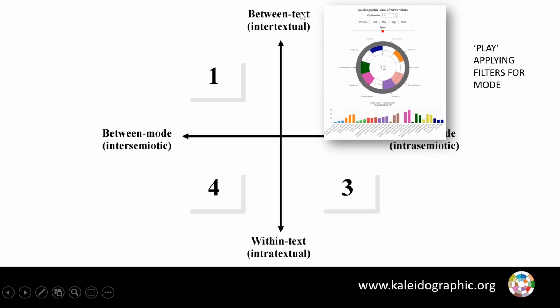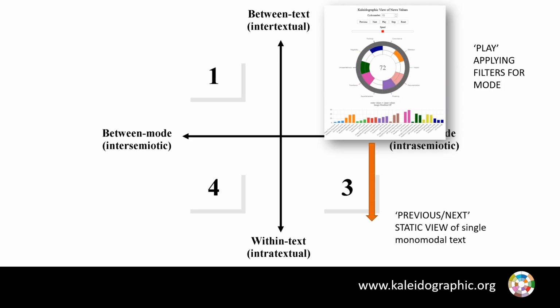And we are looking at all of our 72 texts if we play this visualization while this layer is eliminated. And again, we could also just do a stepwise single move through each individual text by using the previous or the next button, and we can get the results of one text at a time.